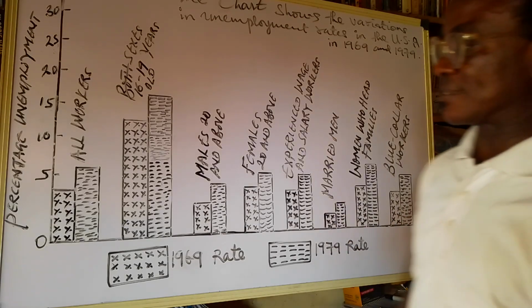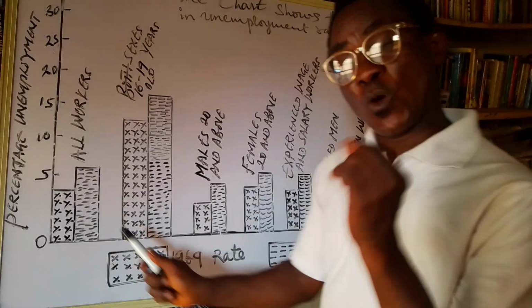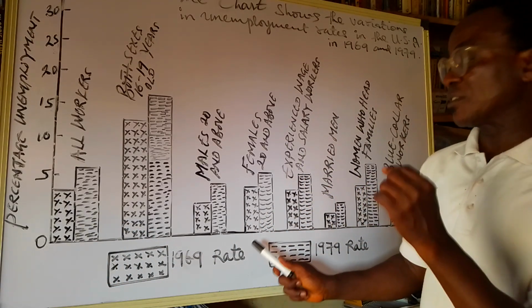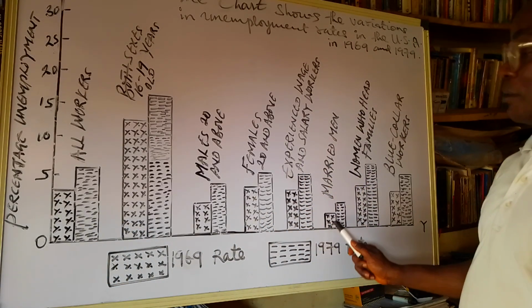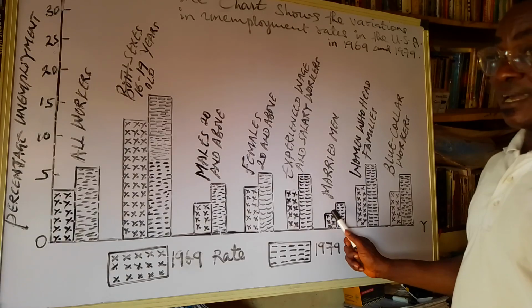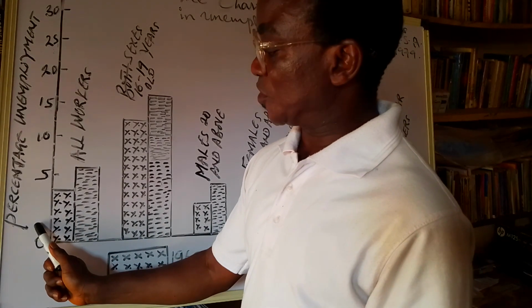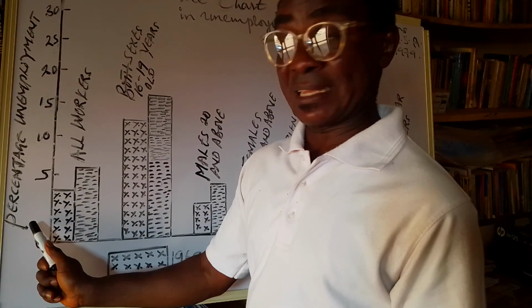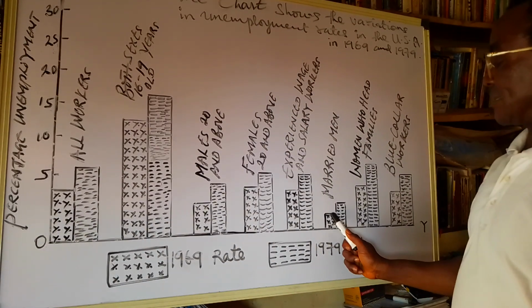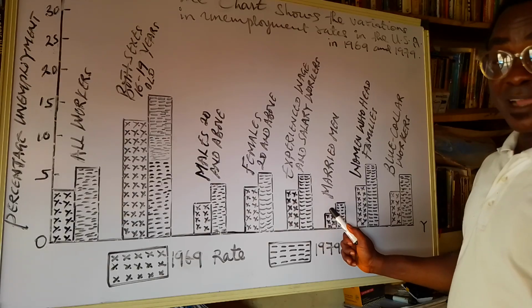Now, apart from this, the lowest of such records occurred among married men, whose value stood at just above 0, somewhere around 2%. So roughly 2% of married men were unemployed.